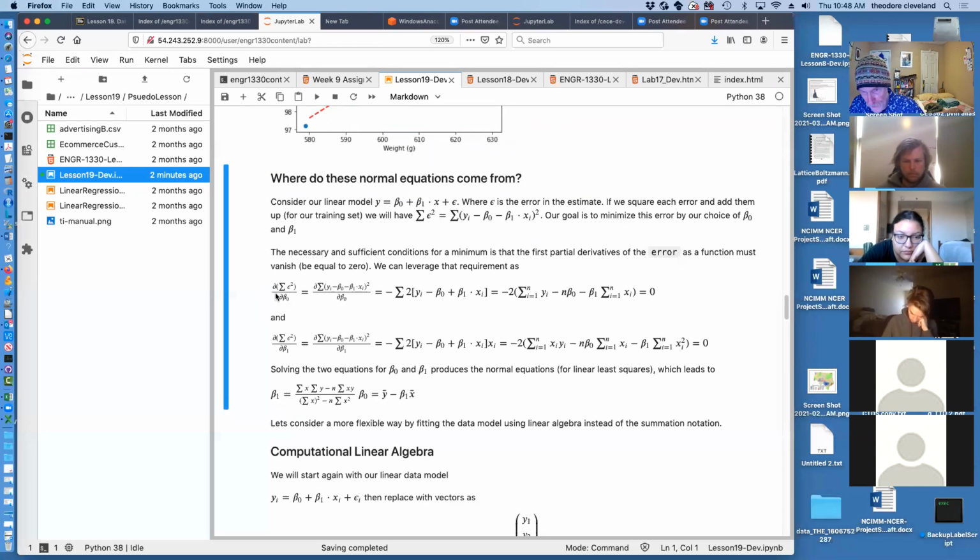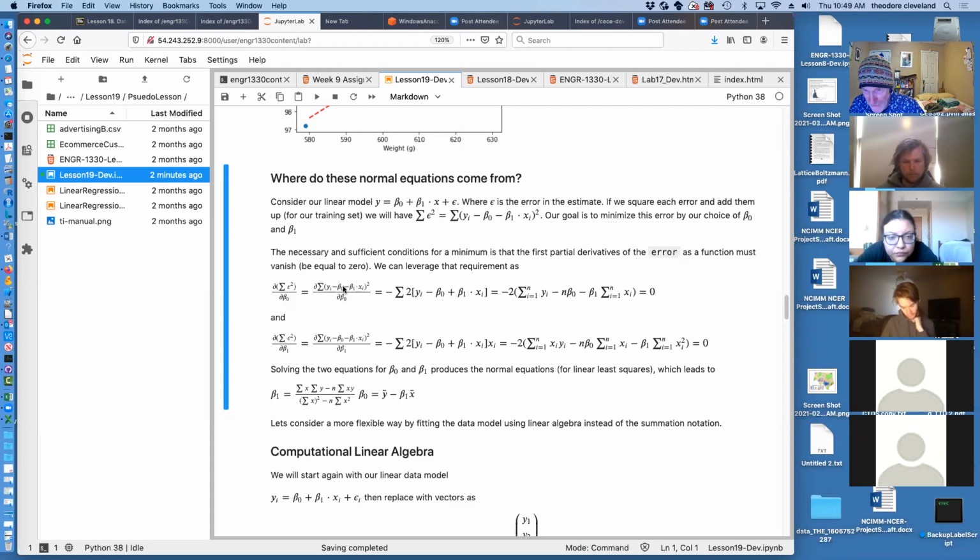And so the first one is we want to take the derivative of the error function with respect to beta 0, which is equal to the derivative of the sum of y sub i minus beta 0 minus beta 1 x sub i, squared, with respect to beta 0.